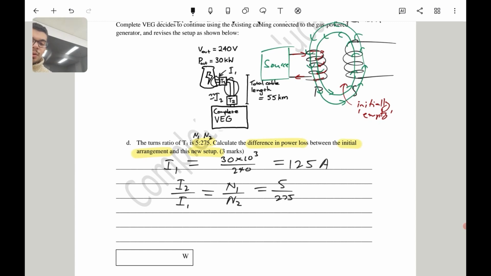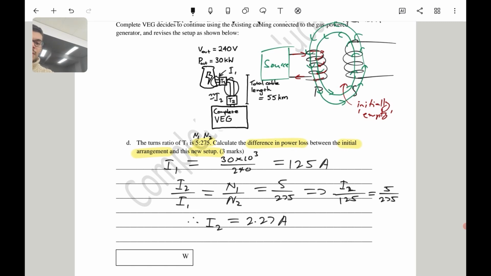So I2 over 125 is equal to 5 over 275, and we can then figure this out. We end up with I2 equal to 2.27 amps. So that's our current.